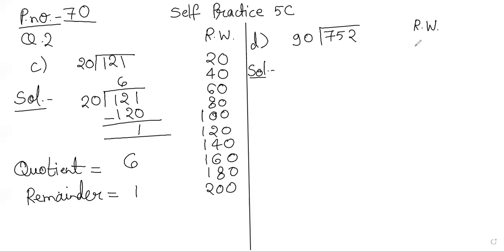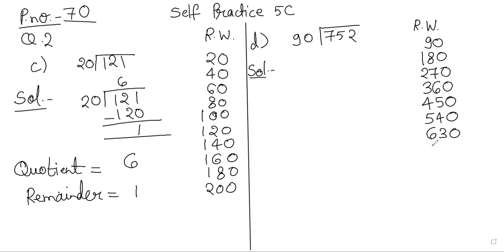Here we will require the table of 90. 9 ones are 90, 9 twos are 180, 9 threes are 270, 9 fours are 360, 9 fives are 450, 9 sixes are 540, 9 sevens are 630, 9 eights are 720, 9 nines are 810, 9 tens are 900. Now, to solve this question, first of all, we will copy down the question as it is.